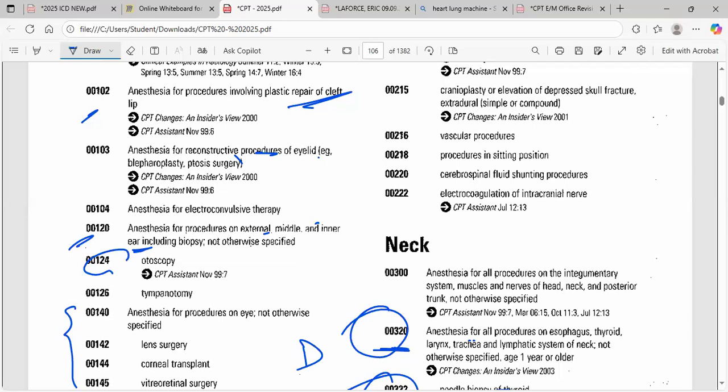How can we identify that? In 00140, we have this semicolon. Whenever you have a semicolon in your code, it represents that this is a parent code. And under that parent code, you will find the child codes.